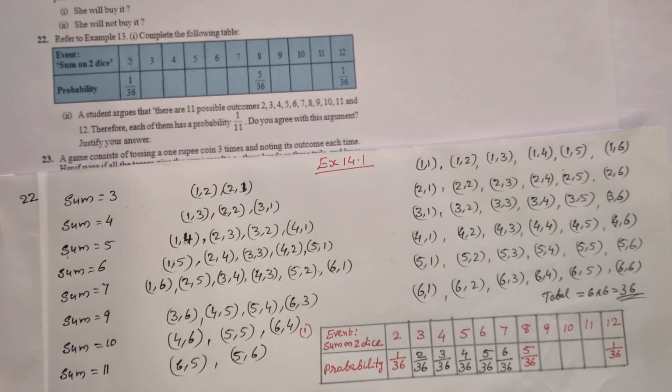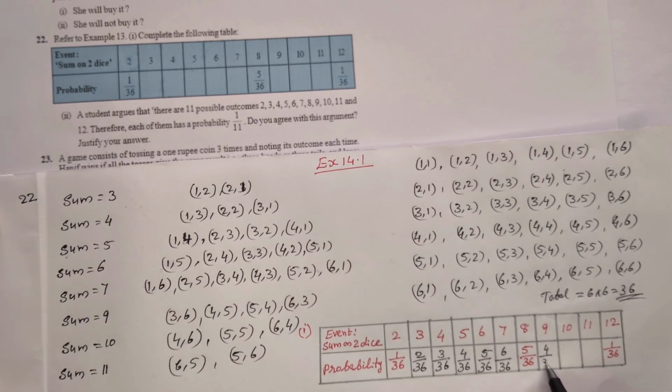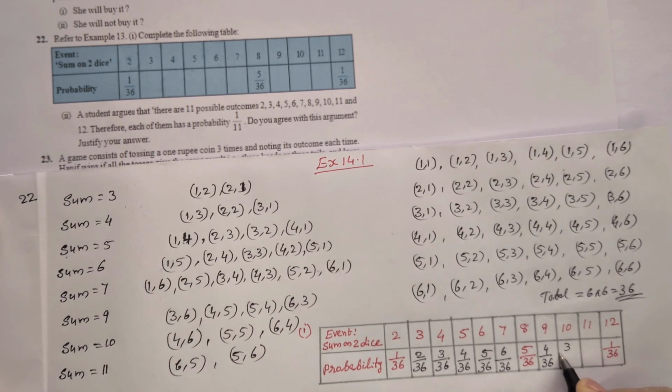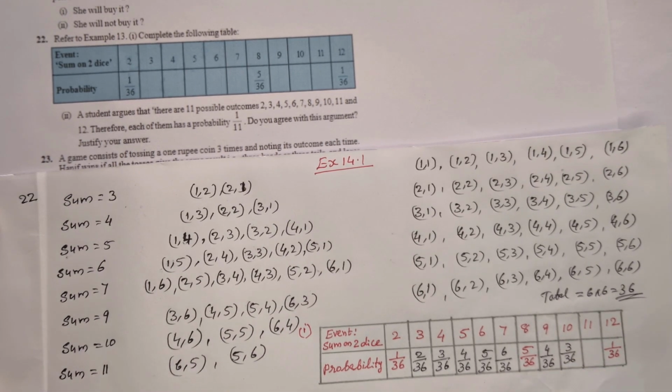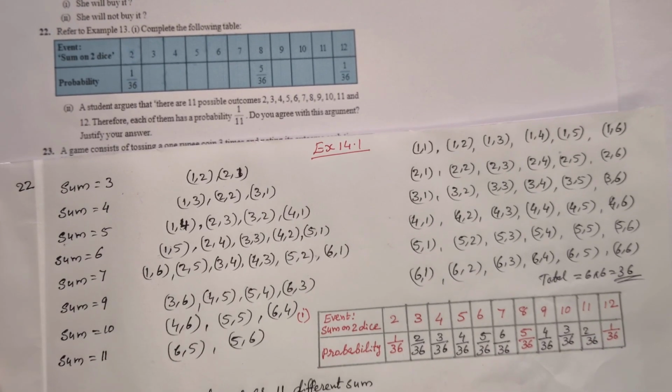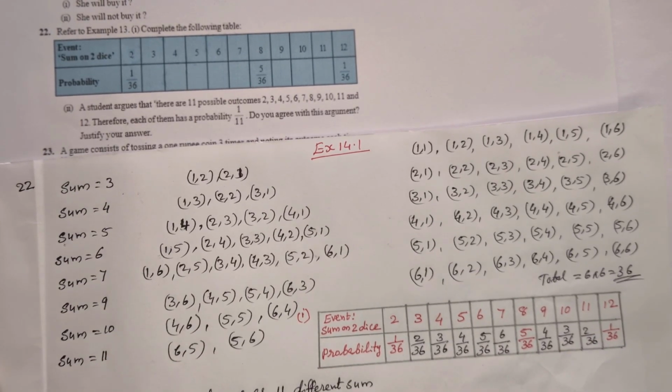Same way for 9, 4 are there, so 4 by 36. And 10, 3 are there, 3 by 36. And 11, 2 are there, so 2 by 36. This we can write in simplified form, 2 by 36 as 1 by 18.